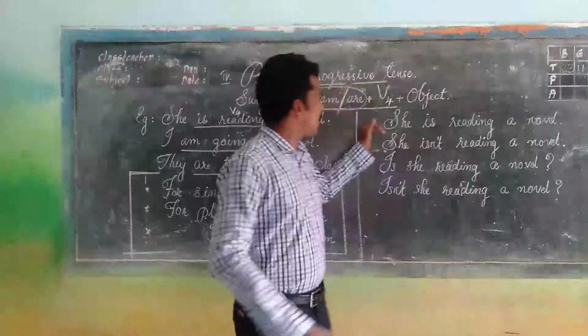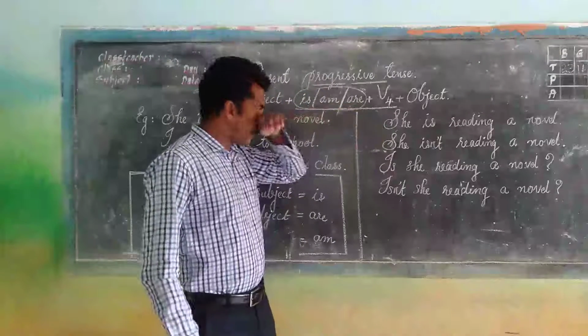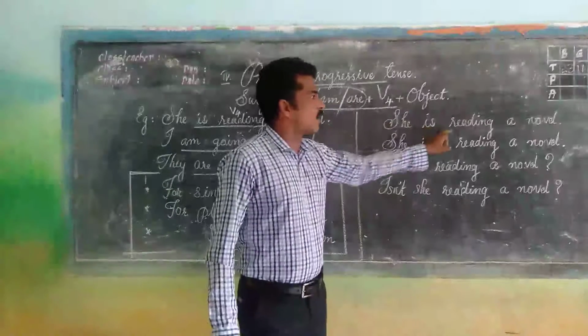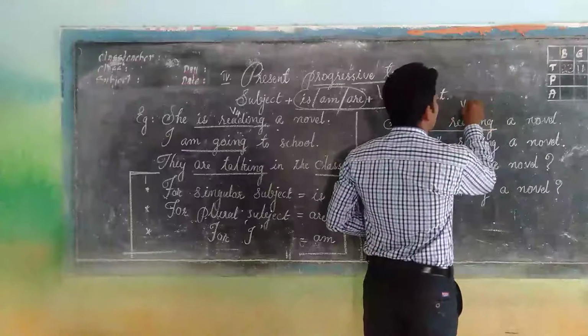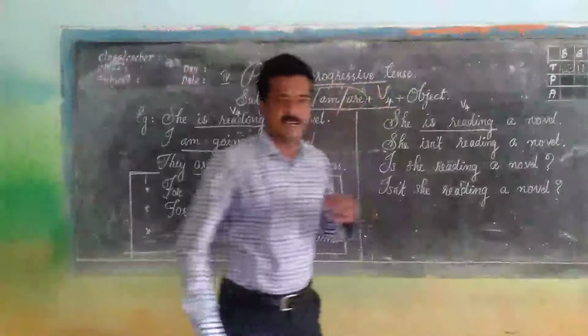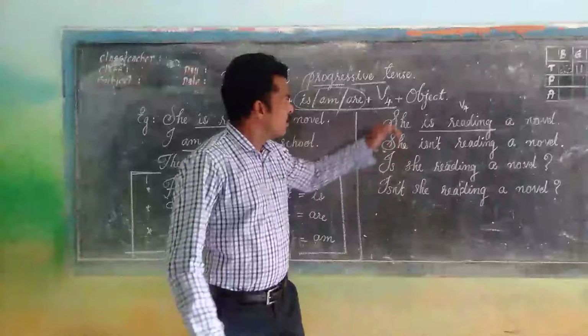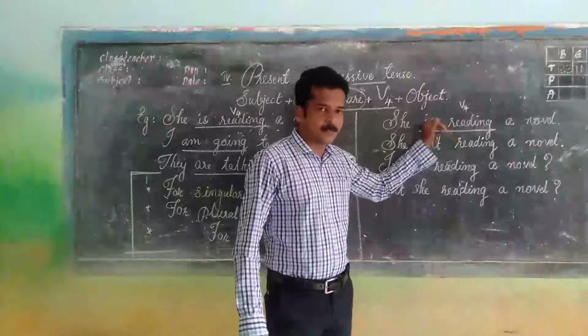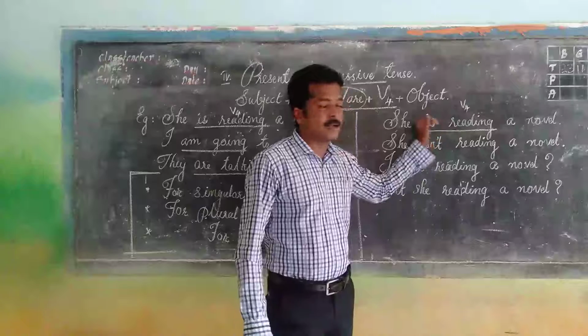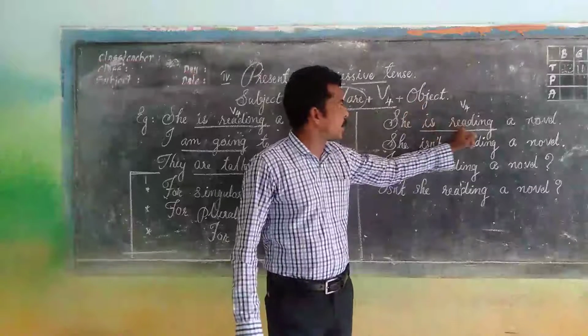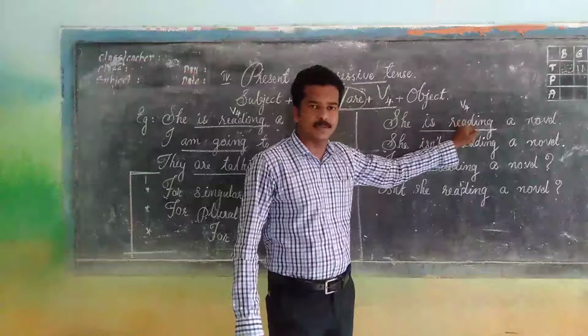And one more example I will write on the board. Just see the board. She is reading a novel, and is is used as a helping verb followed by ing form. She is reading. Hope you understand. So this sentence is expressed in present progressive tense because is or are belongs to present and progressive ing form is used.